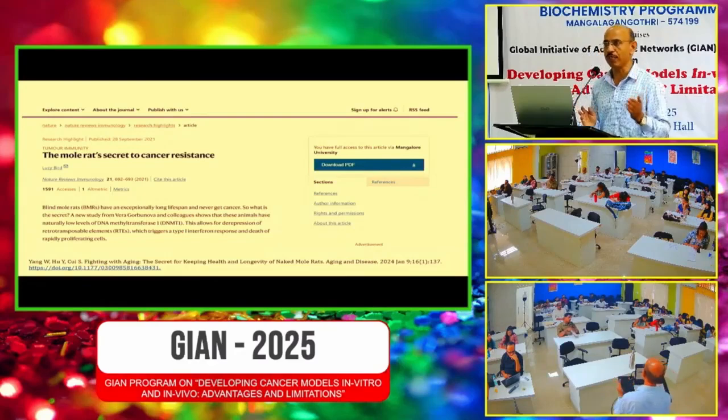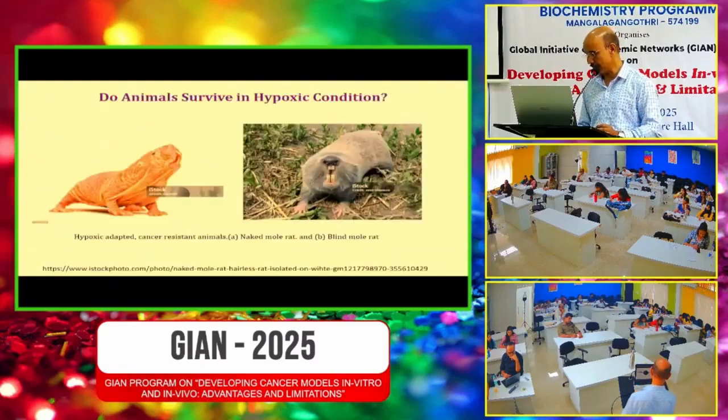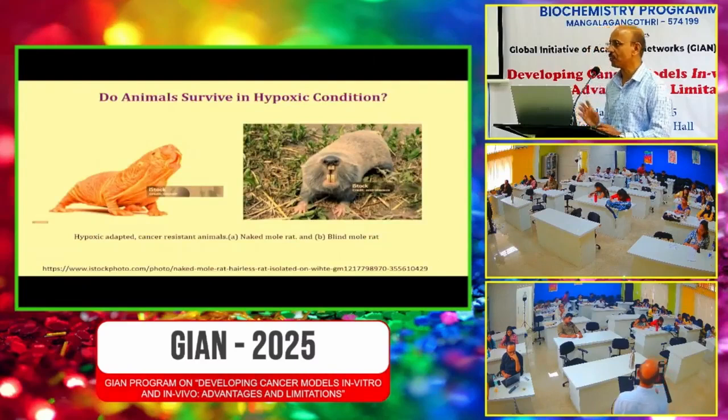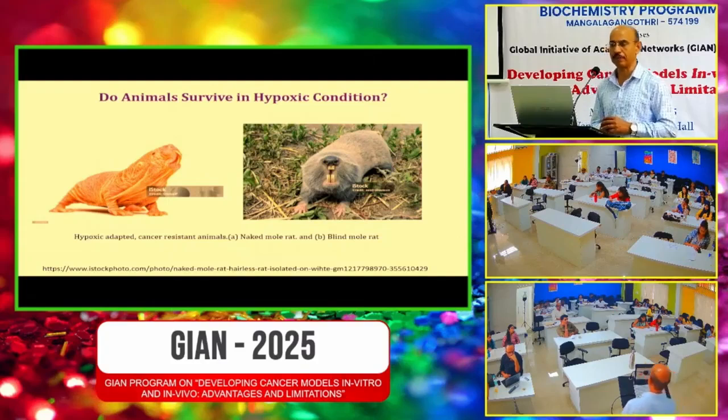It is also highly resistant to cancer, but because of the presence of DNA methyltransferase 1, it can prevent the cancer from spreading. That's what the article says. These two are the organisms which we got the information on, that they are highly resistant to cancer and they live longer: one is the naked mole rat, and the other one is the blind mole rat.